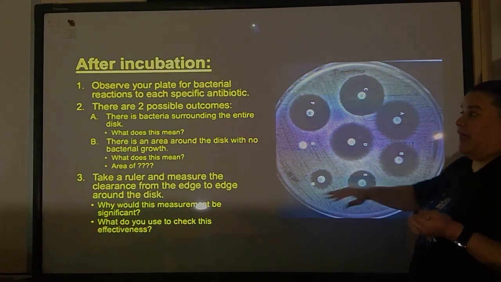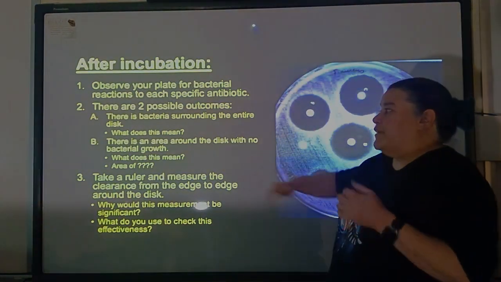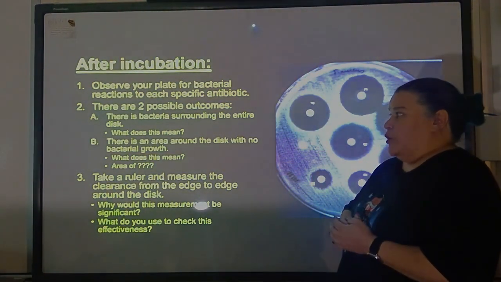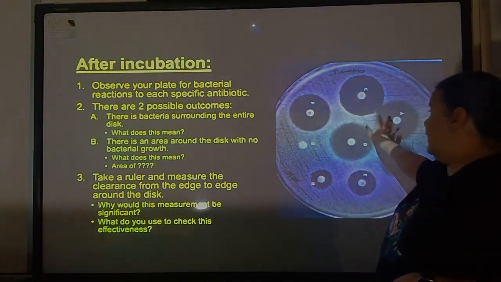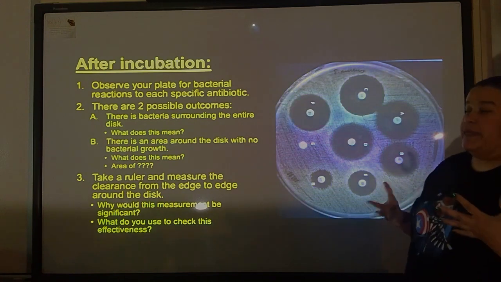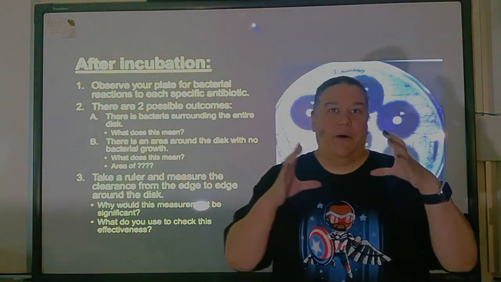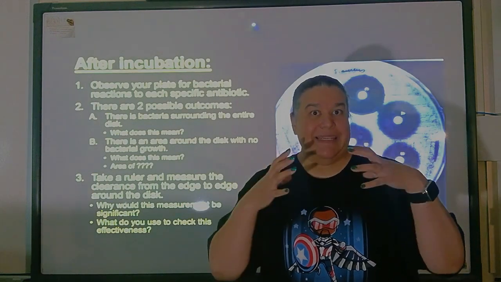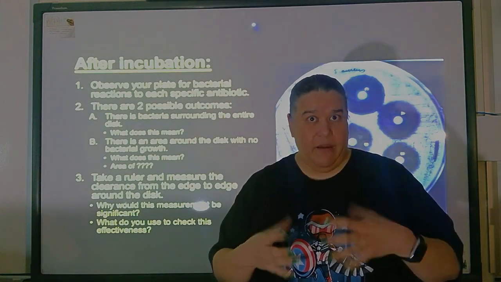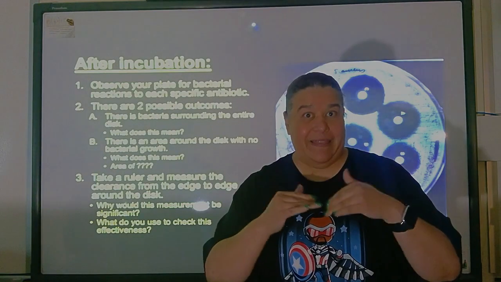Now, if you look at B here, if there is an area around the disc with no bacterial growth, what does that mean? Well, in this case, actually all of these cases, it means that I have an area where that bacteria can't grow because the antibiotic is inhibiting it from being able to live in that space.